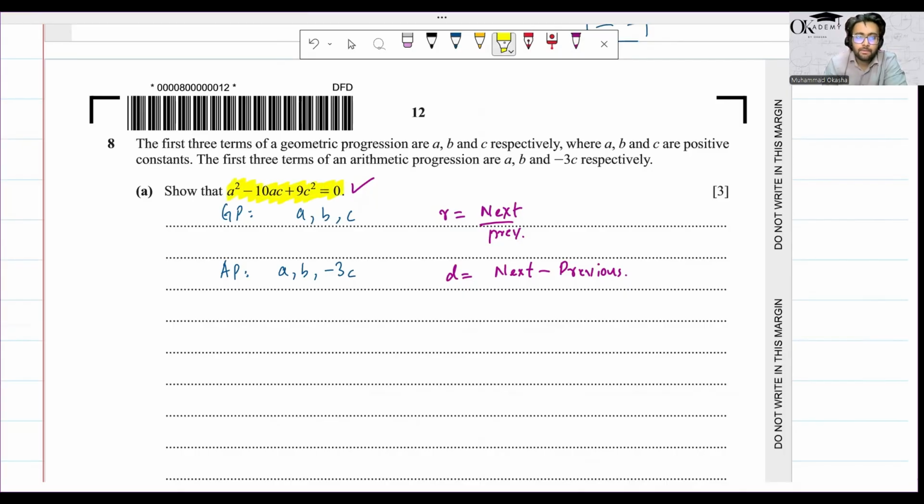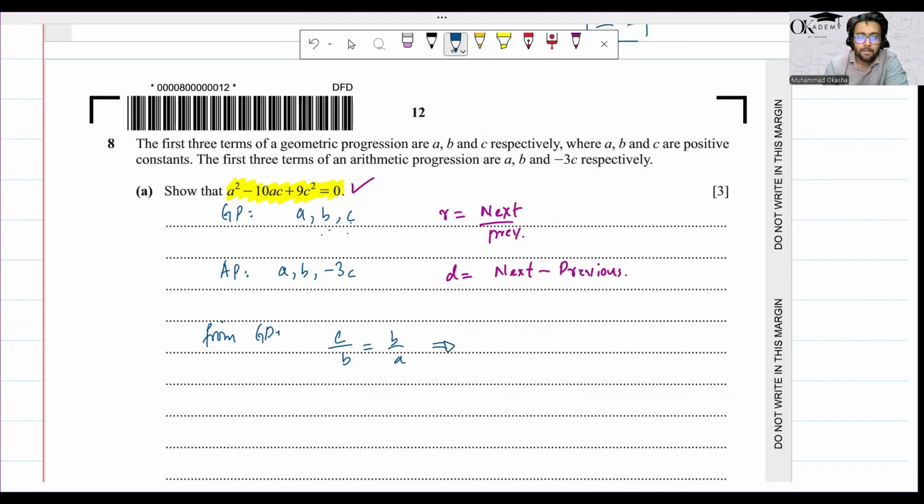Okay, so let's work on GP. We know that this is GP, right? Every next divided by previous term should give you the same result because they are in geometric progression, right? So from geometric progression, c over b, which is next divided by previous, should be equal to b over a.